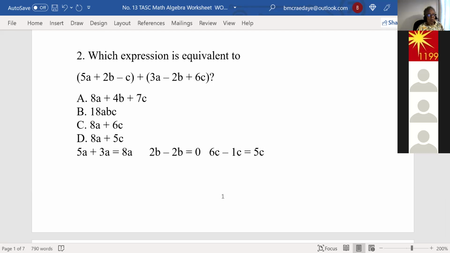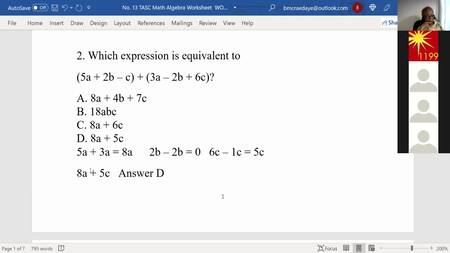So what do you have left? You have 8A, plus 2B minus 2B is 0. So you'll have 8A plus 5C, that's correct. So your answer is what? D. Let's combine the like terms.